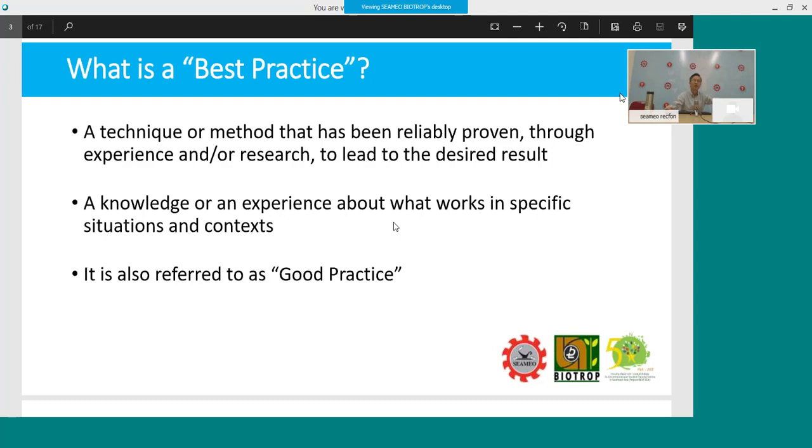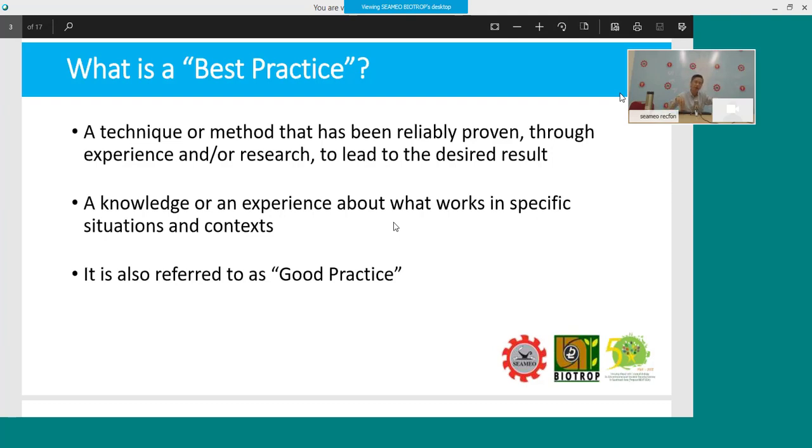It's also defined as knowledge or experience that works in a very specific situation and context. This is very important because in different schools we have different situations. Some of the schools would have a very big area for practicing urban agriculture. Some would have very limited space.